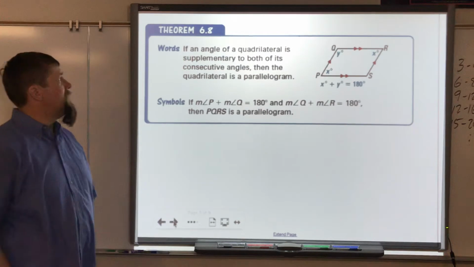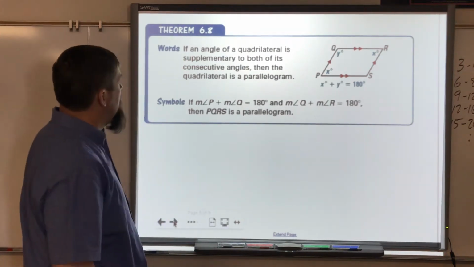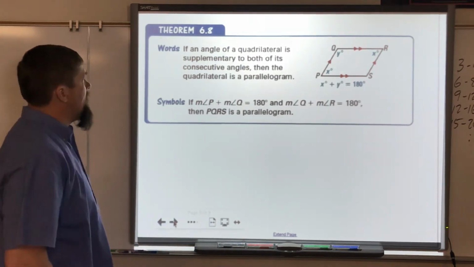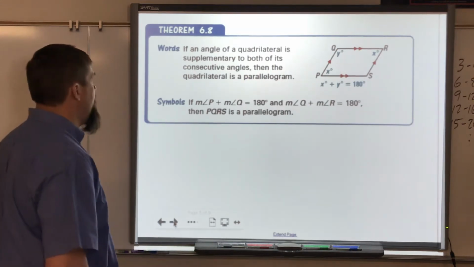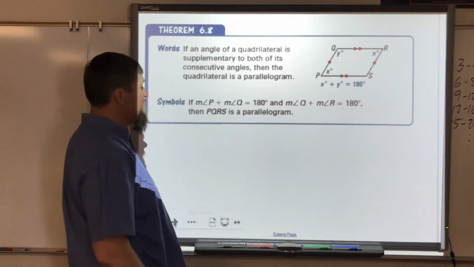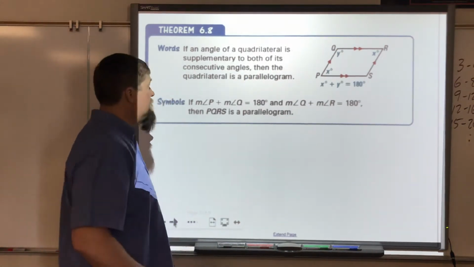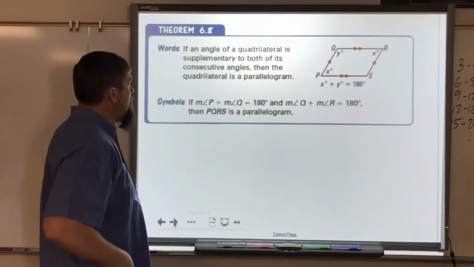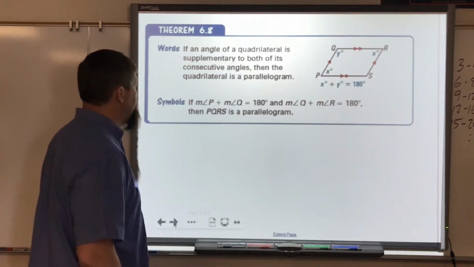All right, theorem 6.8. If an angle of a quadrilateral is supplementary to both its consecutive angles, the angles next to it, so both sides, then the quadrilateral is a parallelogram.